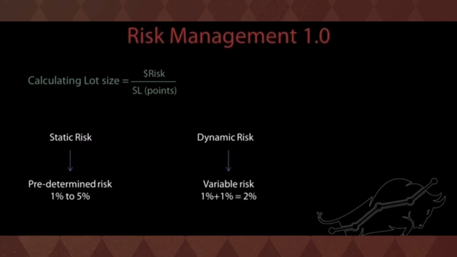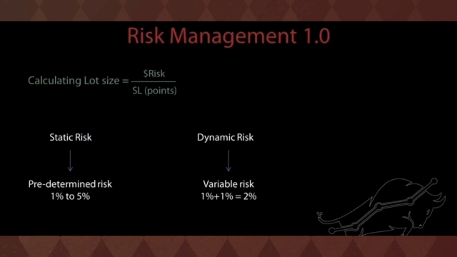Really important. Let's say Brian says, I'm going to use 3% risk on this one trade, but I'm going to break down 3% into three 1% positions. Make sense? Now you're breaking down your risk. That's what dynamic risk is.